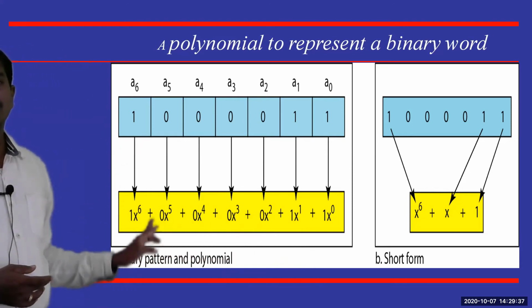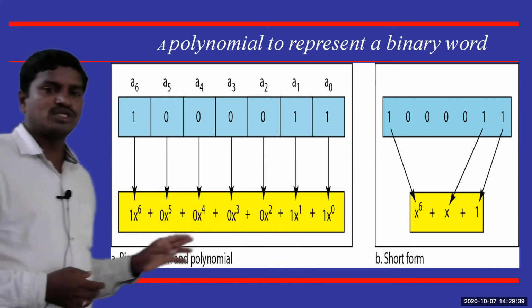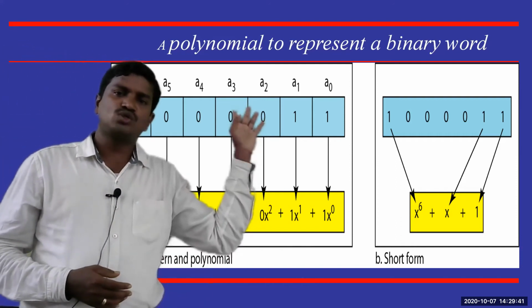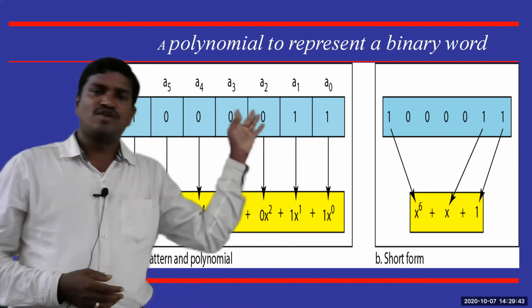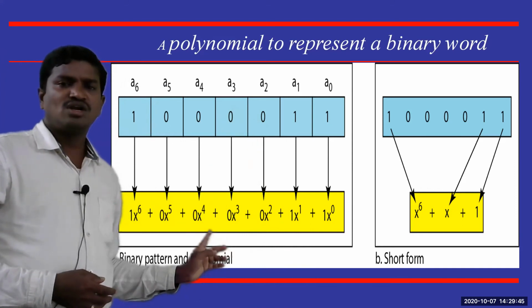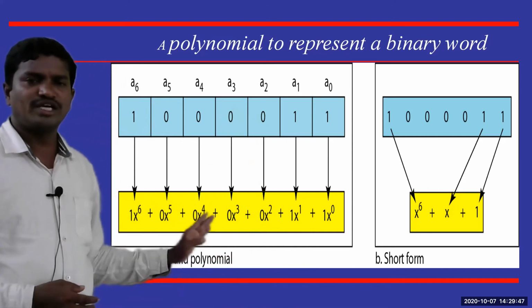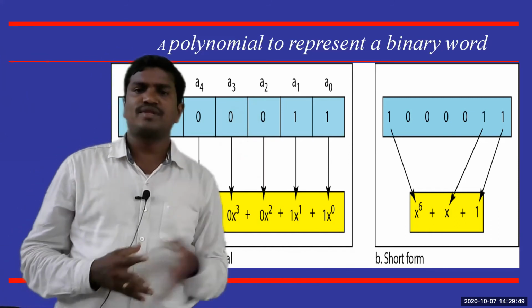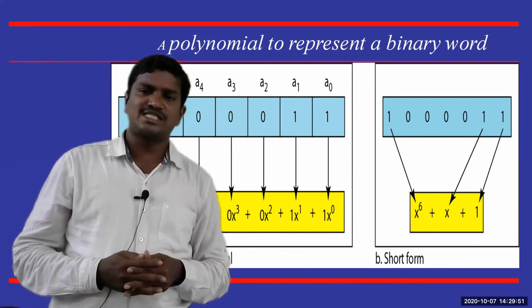Wherever you got ones, only those have value, and zeros can be skipped, very simple. Whenever you have 0, that term is not required in this sum. So finally it becomes x power 6 plus x plus 1.